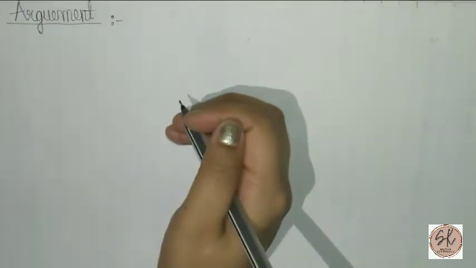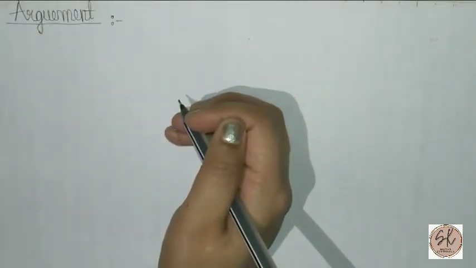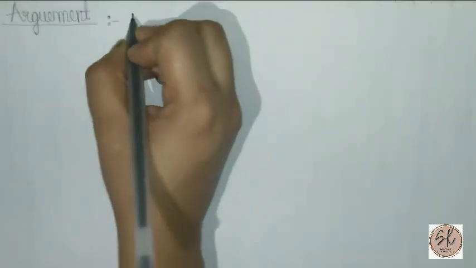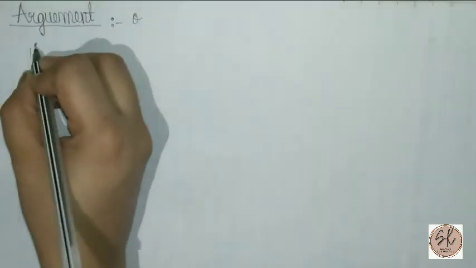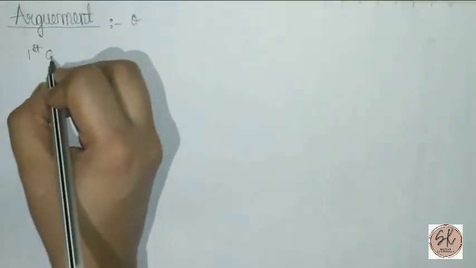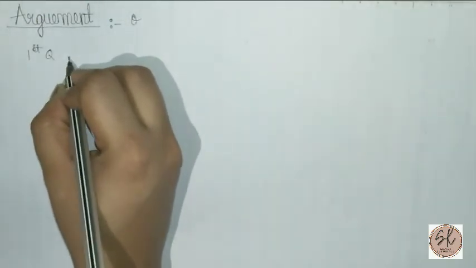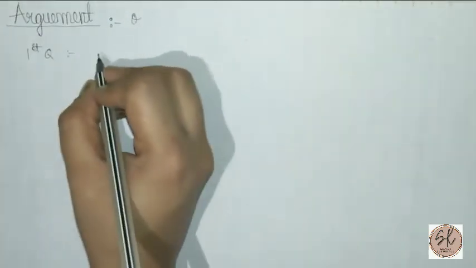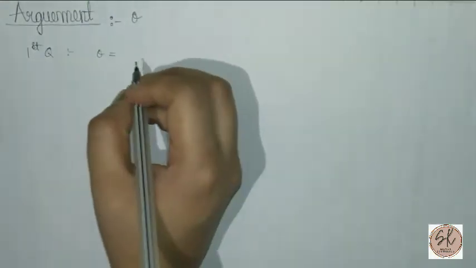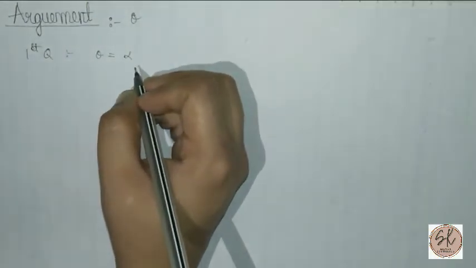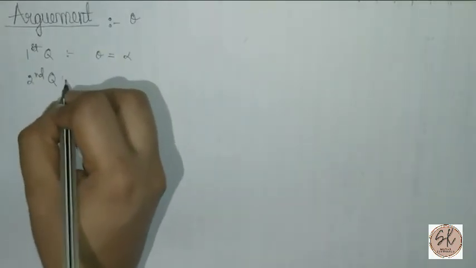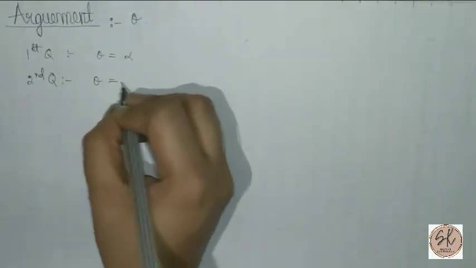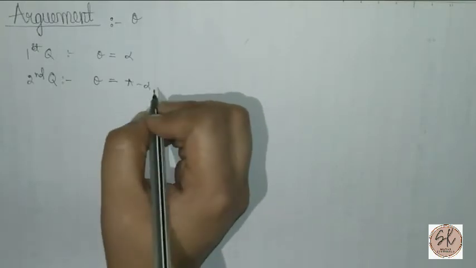Let us see how to find the argument. Argument is denoted by theta, and for the first quadrant, let me denote quadrant by q, theta is equal to alpha. Okay, and for the second quadrant, theta is equal to pi minus alpha.